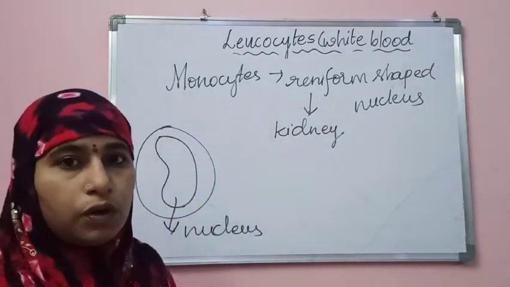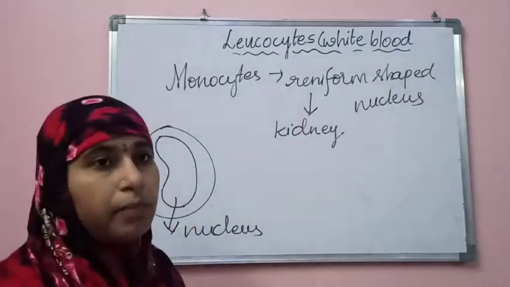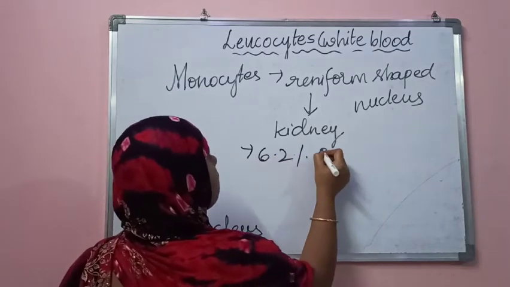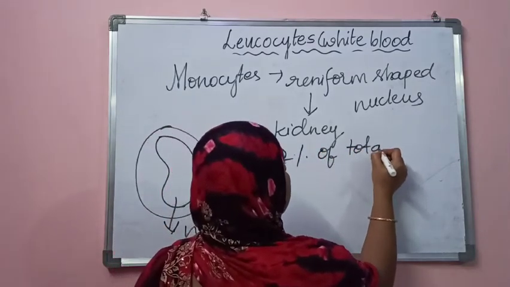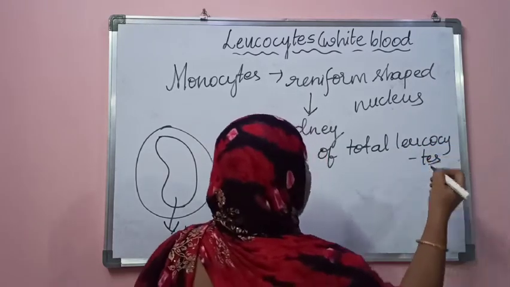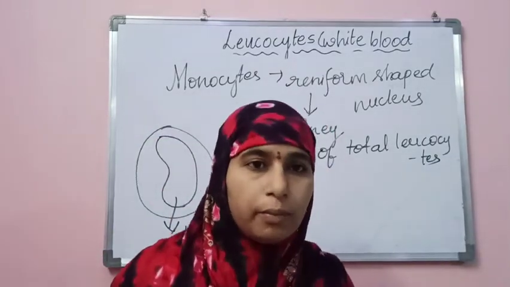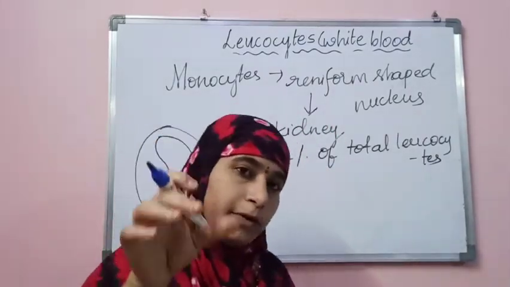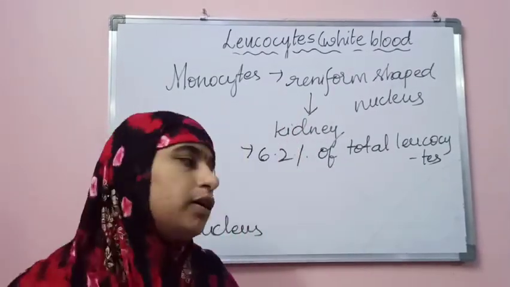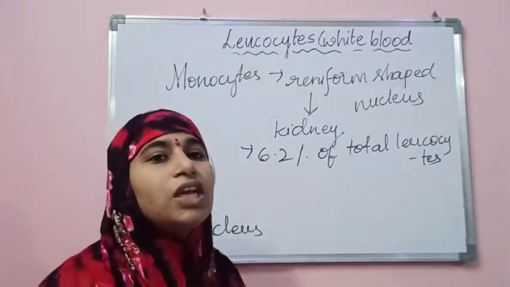How much percent of the total number of leukocytes is occupied by the monocytes? Only 6.2% of the total leukocytes. So the monocytes make up only 6.2% of the total number of leukocytes, and the nucleus is reniform shaped, kidney shaped.